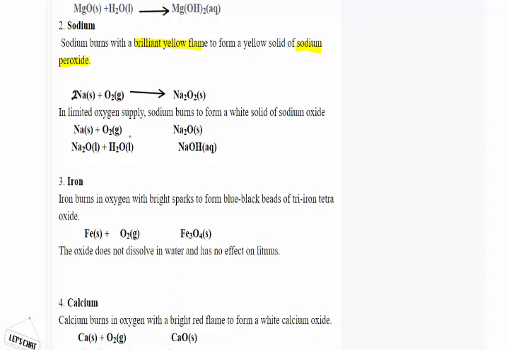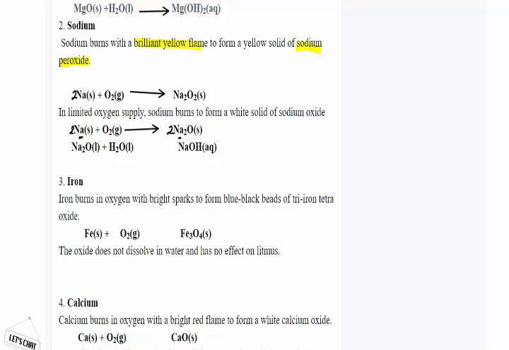So in limited amount of oxygen, sodium burns to form a white solid of sodium oxide. So how can we balance this equation? Sodium reacts with oxygen to form sodium oxide. We can balance this by adding 2 in front of sodium to balance. So we have to balance oxygen.